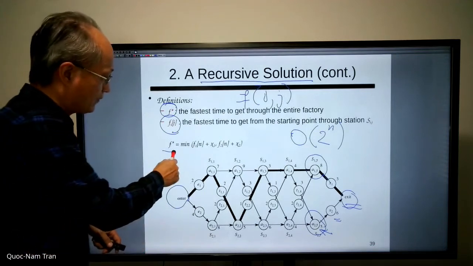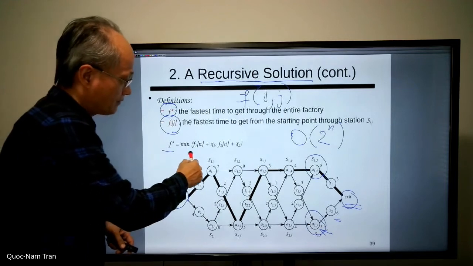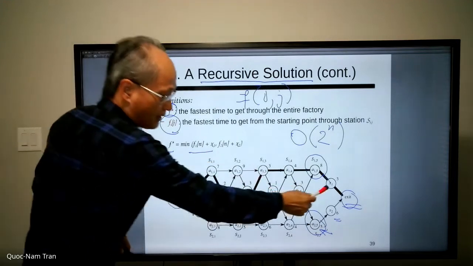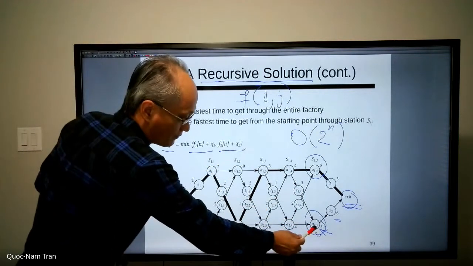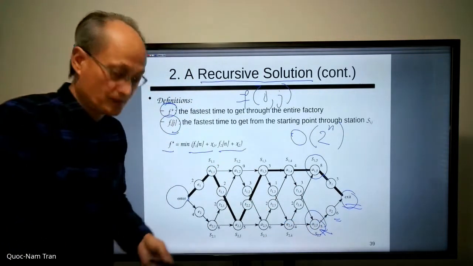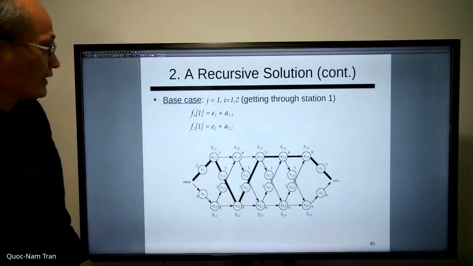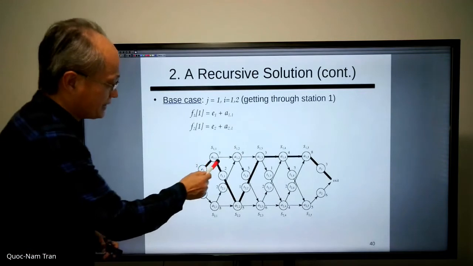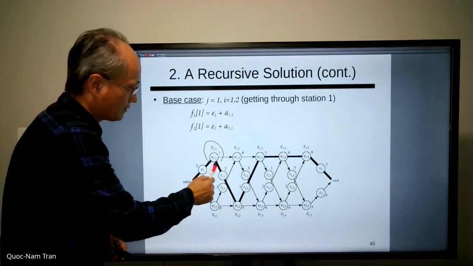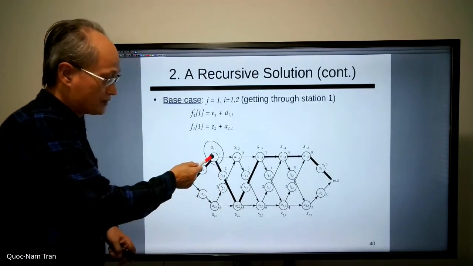So F star will be the min of F1n plus X1 and F2n plus X2. Yeah. And then the base case is simple, right? The base case is that what is the minimum cost for reaching this station?